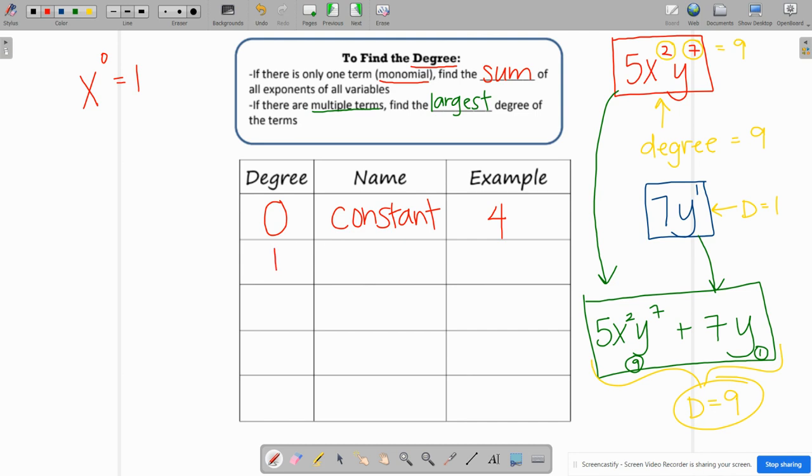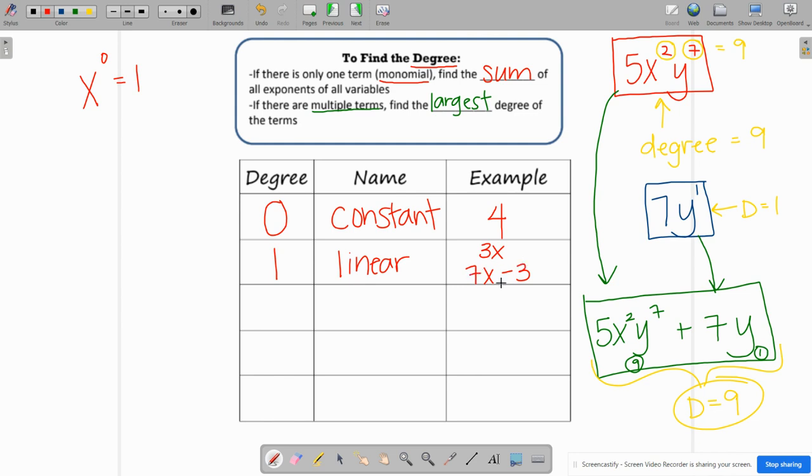If something has a degree of 1, it is considered to be linear. For instance, something like 3x, because x has a degree of 1, right? It has an exponent of 1, and it's the only term, so that monomial would have a degree of 1. You could also say something like 7x minus 3.